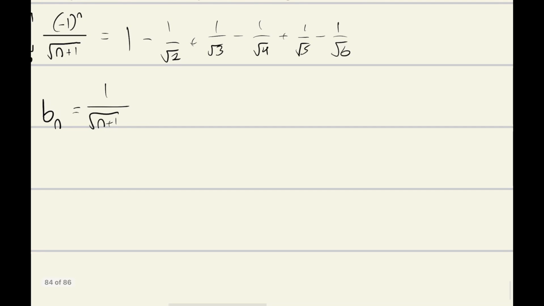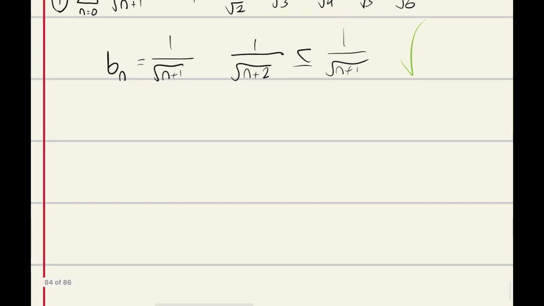And we have to prove Bn is greater than or equal to Bn plus 1. So Bn plus 1 would be 1 over square root of n plus 2, which would be less than or equal to 1 over square root of n plus 1. So that's the first thing we have to prove.